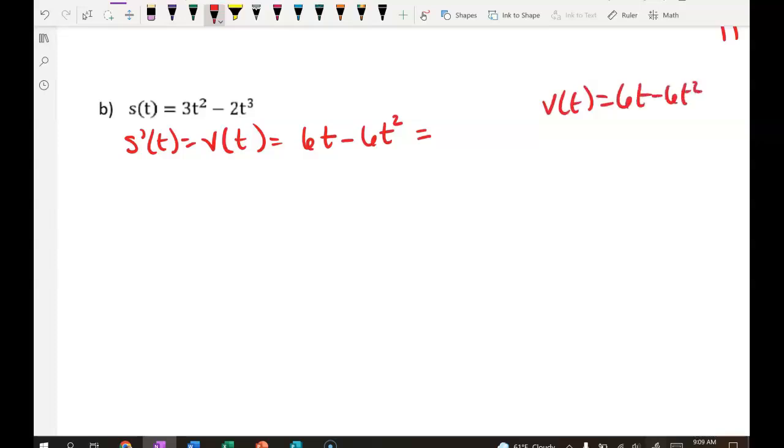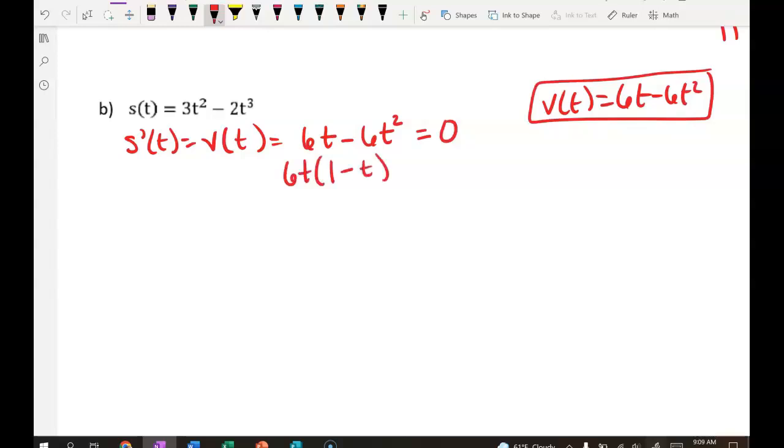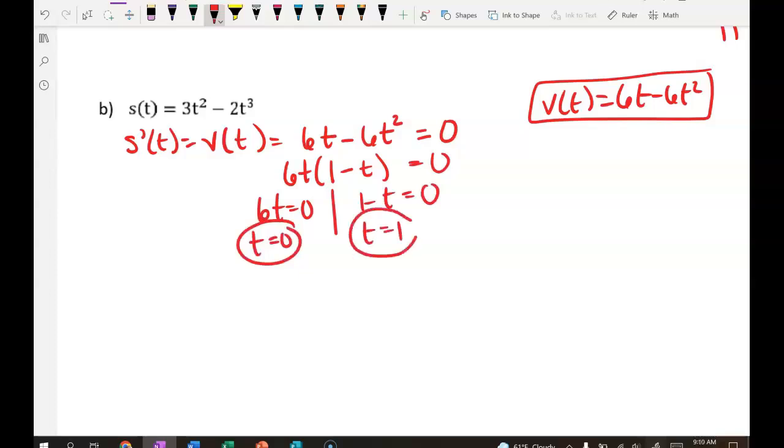We need to box that up because it's asking for velocity. We will solve for t. We will factor out the 6t, so that's going to give us 6t times 1 minus t equals 0. So 6t equals 0 means t equals 0, and 1 minus t equals 0 means t equals 1. So there are 2 times when this object will take a break or turn around.